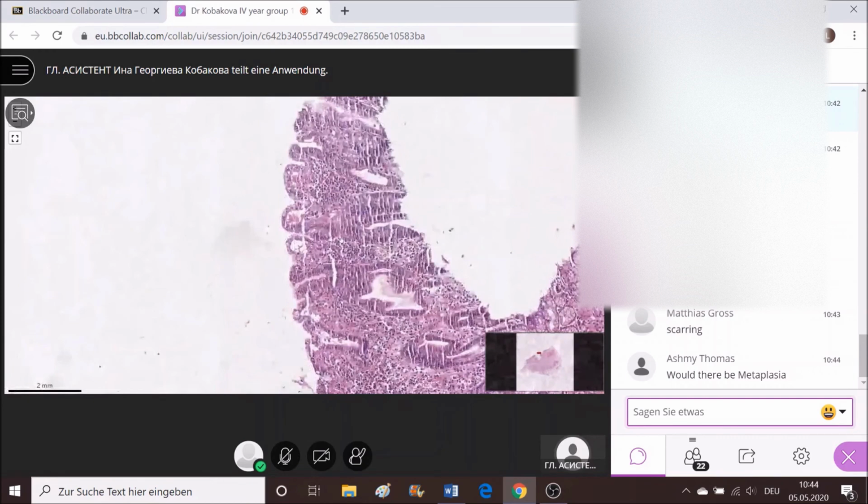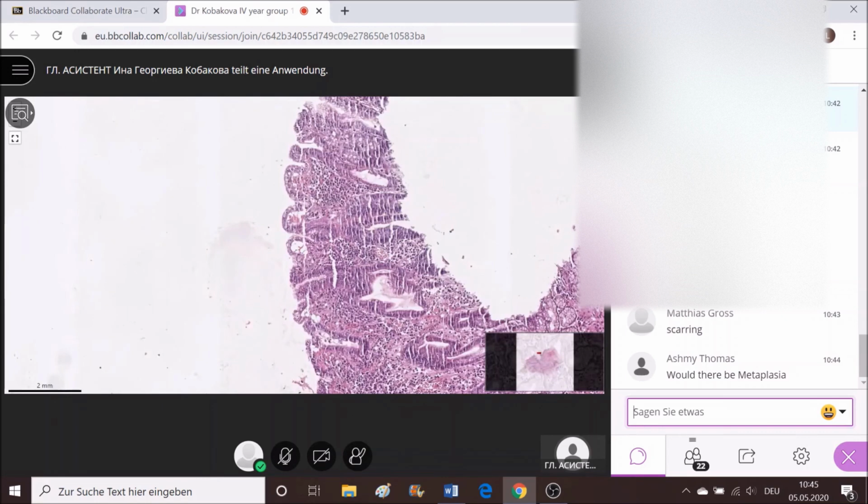Change of epithelium. Yes, metaplasia, eventually dysplasia, and finally, tumor. Cancer could start from an ulcer, from the margins of an ulcer. Never forget this. It's called ulcus cancer.